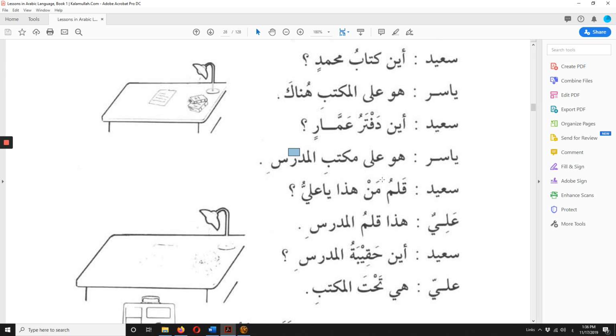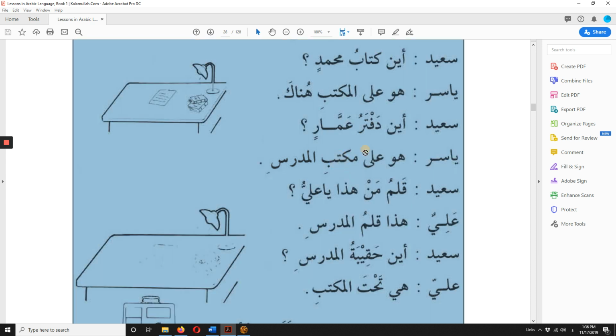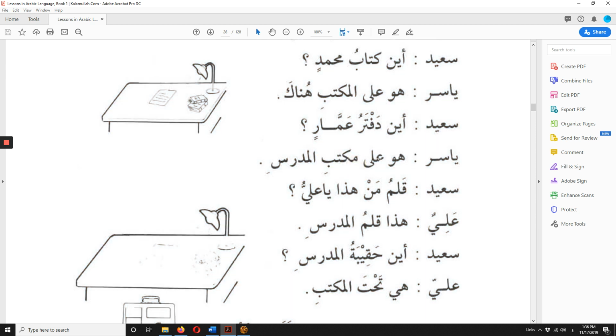And so here we have ala, which is harf jar, making maktab majroor, but instead of being maktabin, it's maktabi, because it's possessed by al-mudarris. So there's two things going on. Maktab is affected by ala because it's majroor, and because it's possessed by mudarris, it's not taking a tanween, it's just taking one kasra.